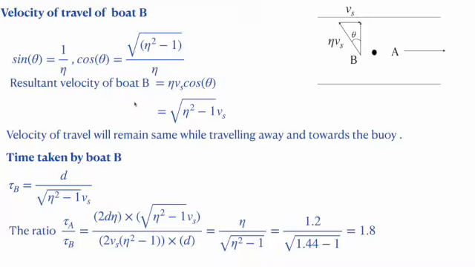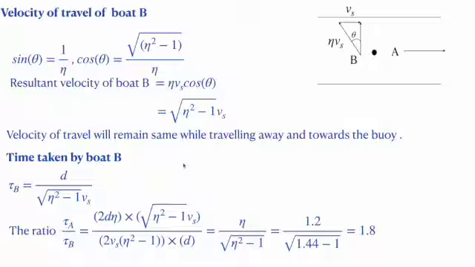The resultant velocity of boat B then will be the component of η Vs in the direction in which boat B travels. So this will be equal to η Vs cos θ, and cos θ equals square root of (η square minus 1) divided by η. So we will get square root of (η square minus 1) multiplied by Vs.